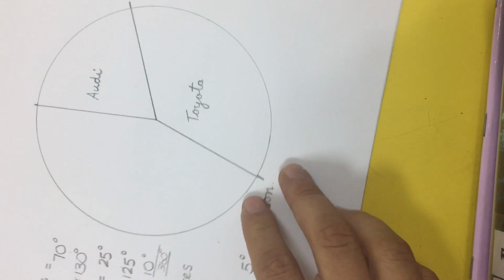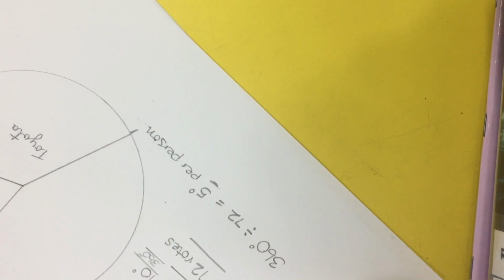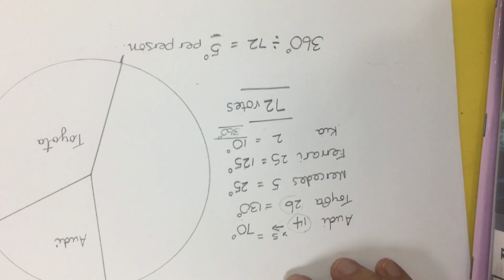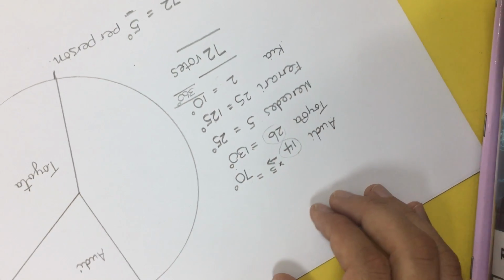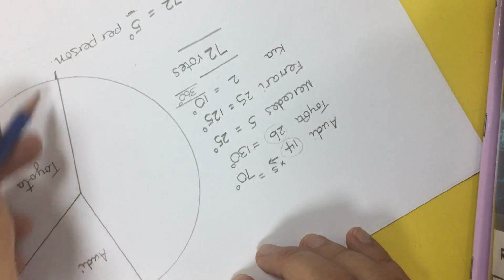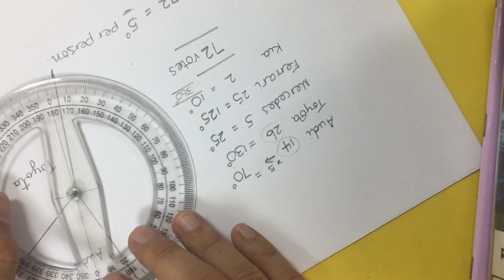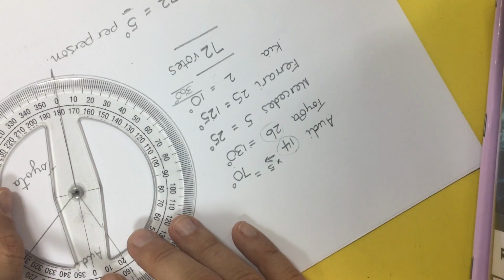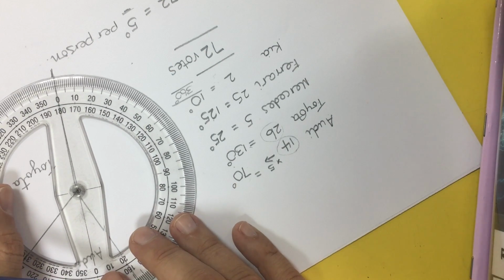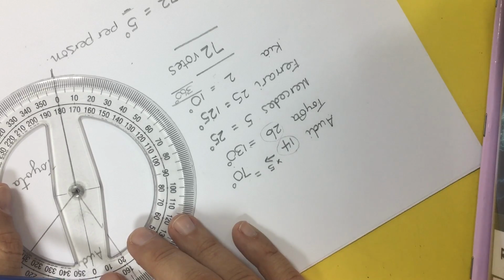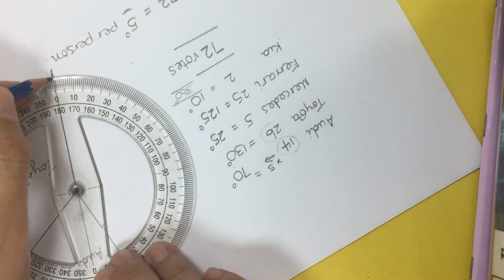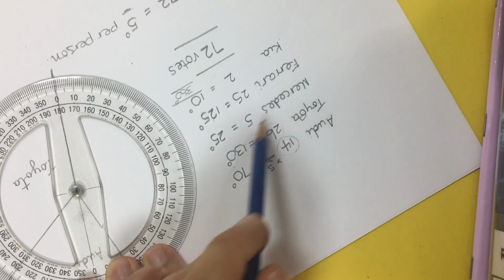Once again, I'm going to turn the sheet all the way around. Hopefully you can just about see that. And I'm going to keep that at the top. Once again, everything's lined up. Turn the page, make it a lot easier for yourself. Put the centre on and the 0 facing up. Perfect, 0's on. And my third one was Mercedes.